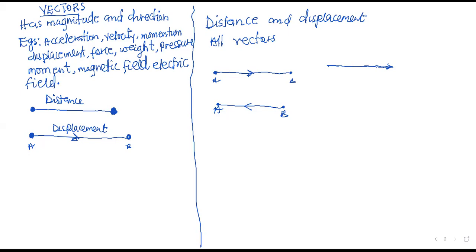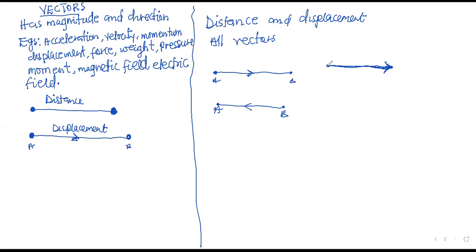Okay. Let's look at how we add vectors, addition of vectors along one plane. Before we discuss addition of vectors along one plane and two planes, we indicate a vector by a bold line starting from a point and then the arrow.